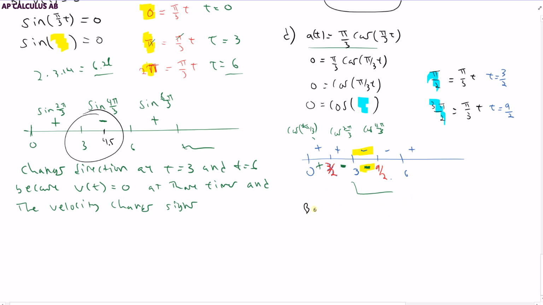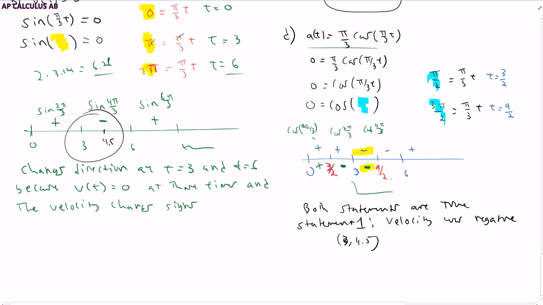When both statements are true, for statement 1, we can show that the velocity was positive the whole time, but our velocity was negative on the interval from 3 to 4.5. We showed all our work over there for it.